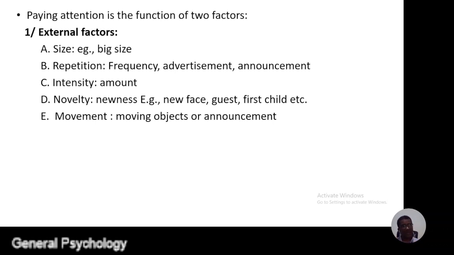Whereas if the object is very small, very difficult to watch with our naked eyes, it will be very difficult to give attention and understand easily. So size matters for our attention, our perception, and understanding.